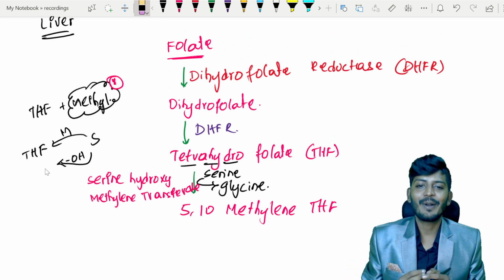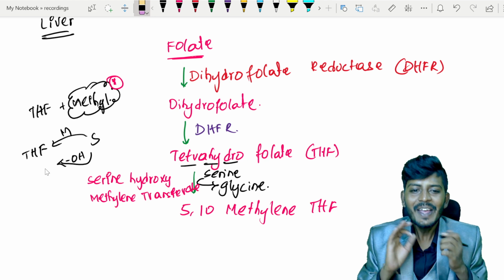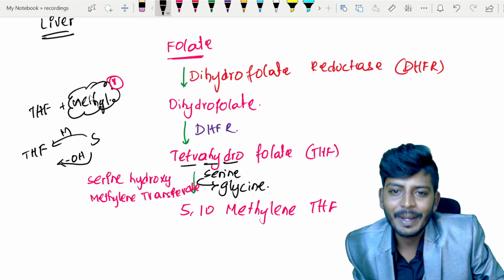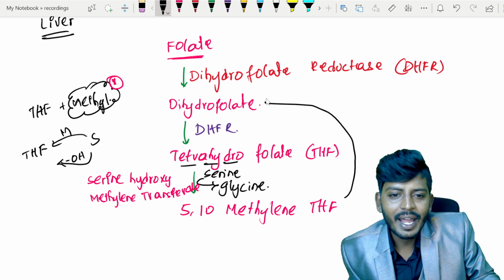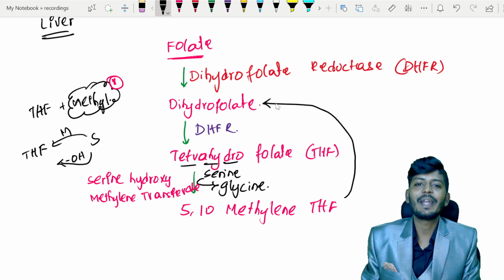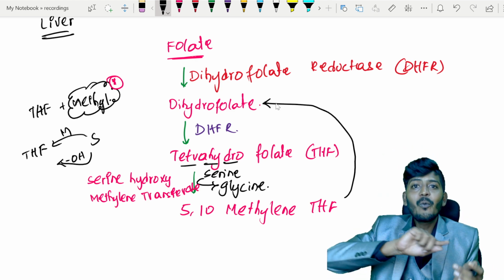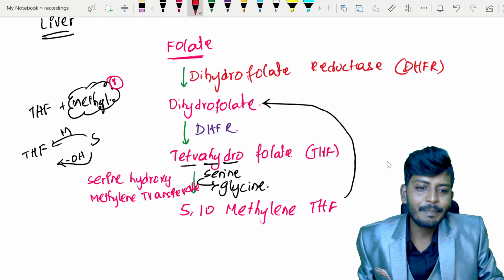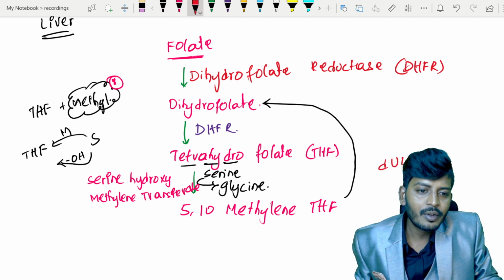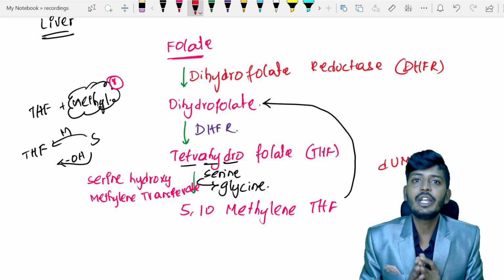Now, what is the importance of this conversion? Let's see. This methylene tetrahydrofolate, my dear students, will get converted back into dihydrofolate. While it is converting back into dihydrofolate, it will convert something called dUMP. Okay, that is not the dump which your girlfriend did to you.